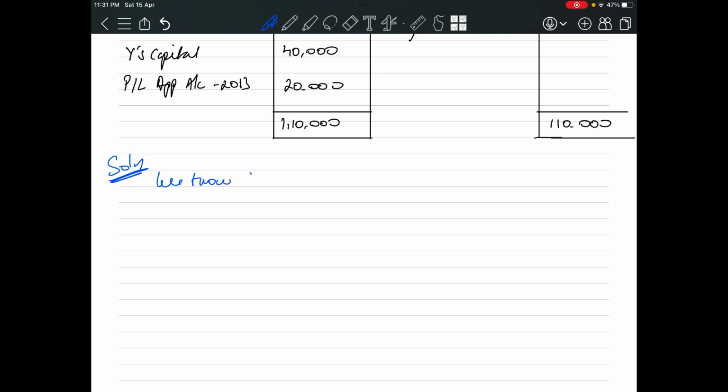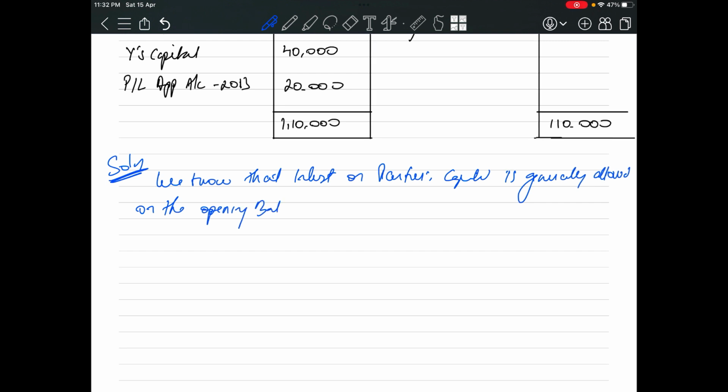Solution. We know that interest on partners' capital is generally allowed on the opening balance of capital.